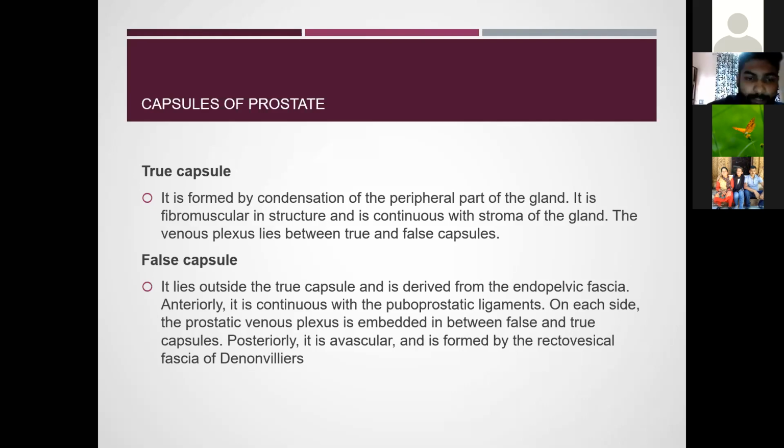The false capsule lies outside the true capsule and is derived from the endopelvic fascia. Anteriorly it is continuous with the puboprostatic ligaments. On each side the prostatic venous plexus is embedded between the false and the true capsule. Posteriorly the false capsule is avascular and is formed by the rectovesical fascia of Denonvilliers.